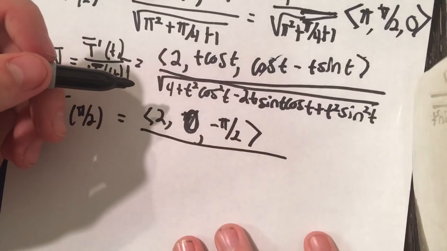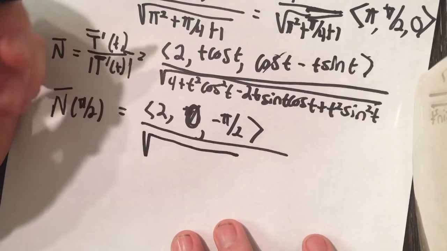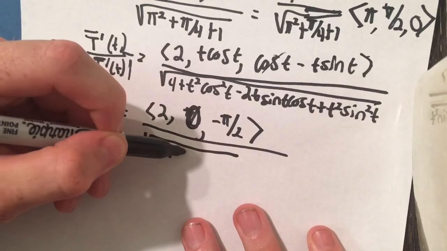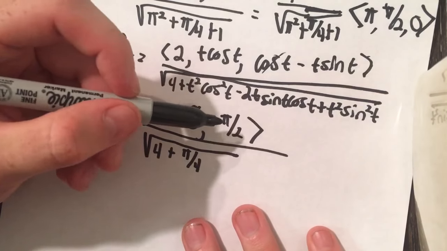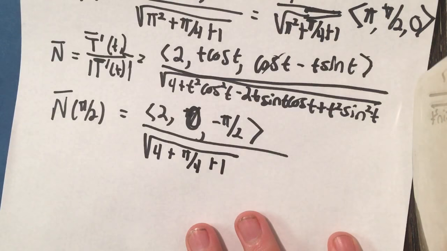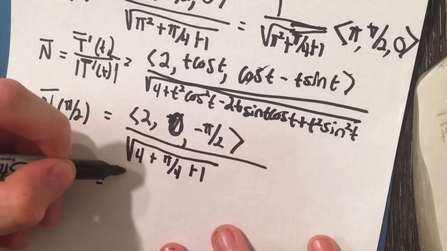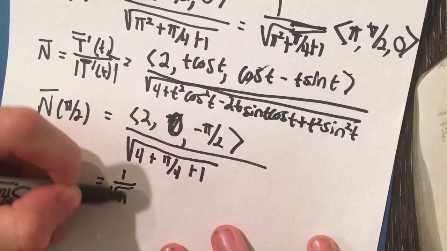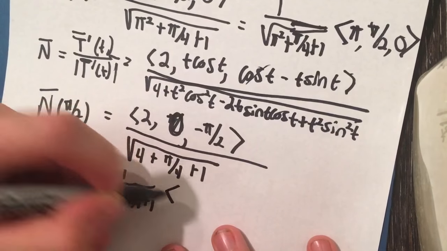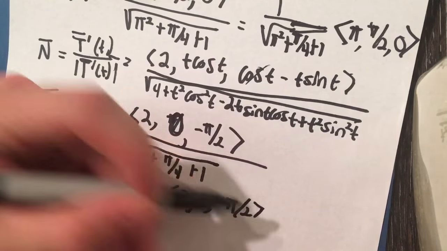And that's the numerator. The denominator, when we plug in pi over 2, we would get 4 plus pi over 4 plus 1. All right, and that also can be rewritten as 1 over the square root of 4 plus pi over 4 plus 1, times the vector 2, 0, negative pi over 2.